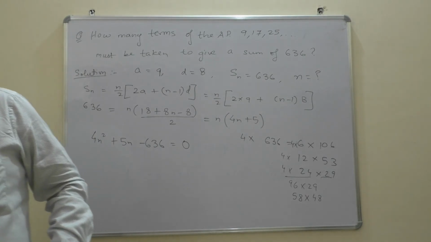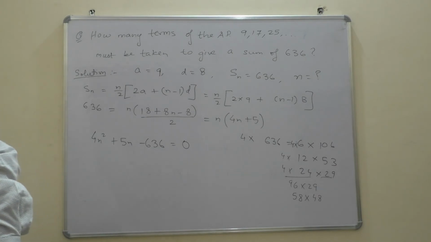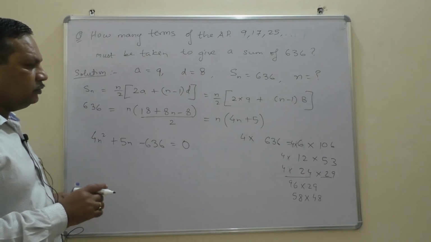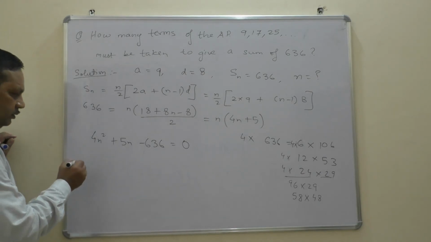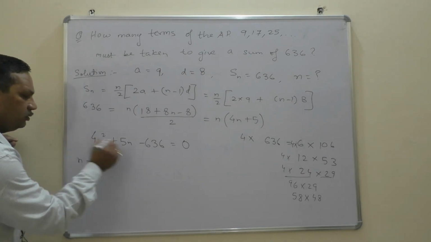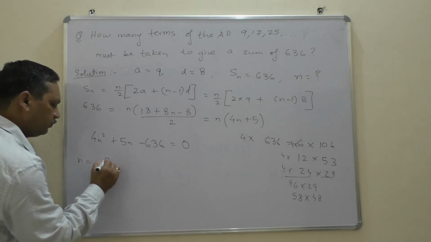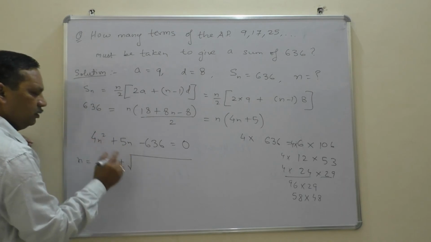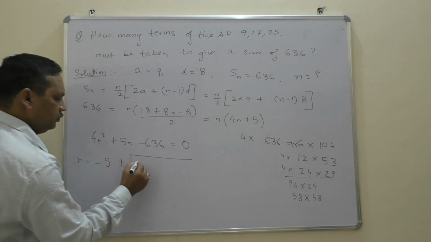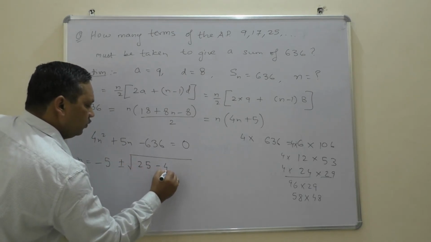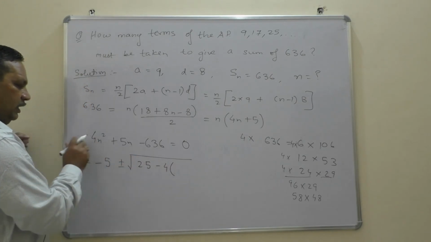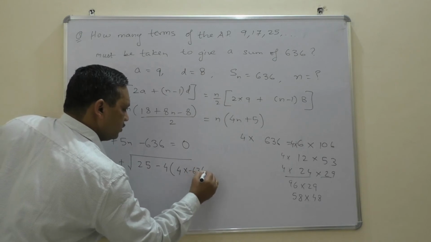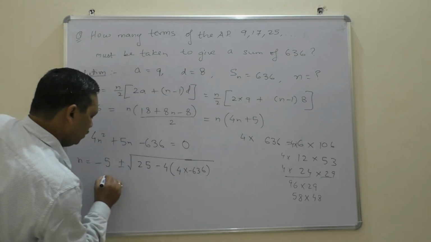Now I can use Shridharacharya's formula here. Since it is a quadratic equation, n is equal to minus 5 plus minus root of b square, which is 25, minus 4 into a into c, that is 4 into minus 636, upon 2a.